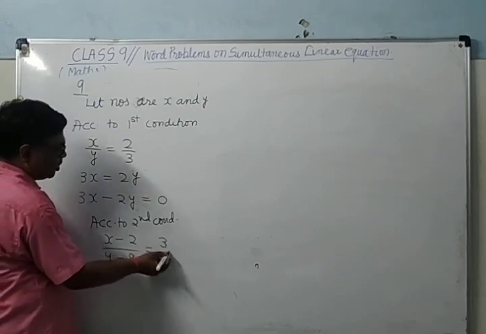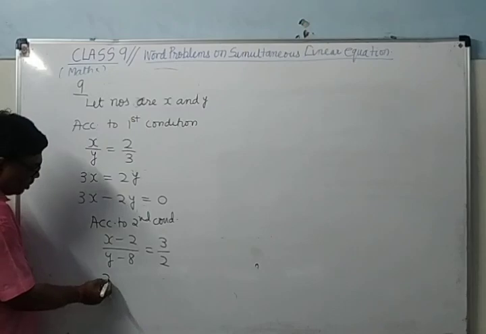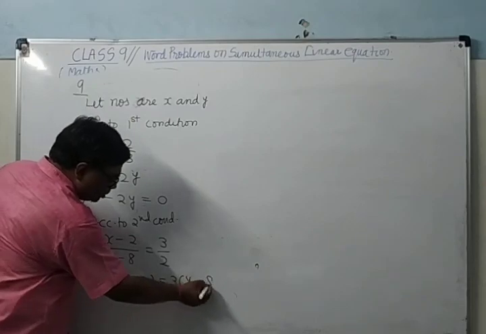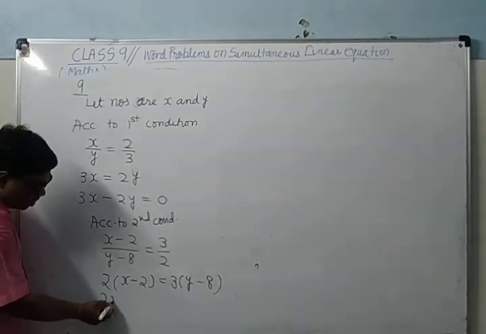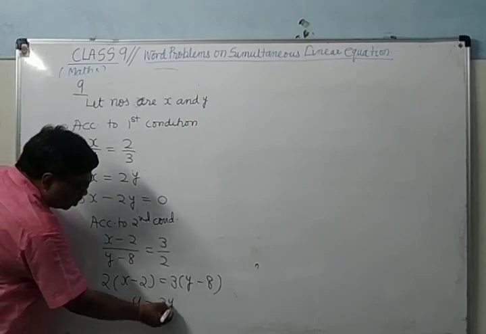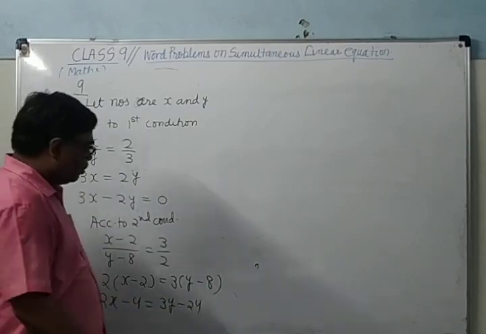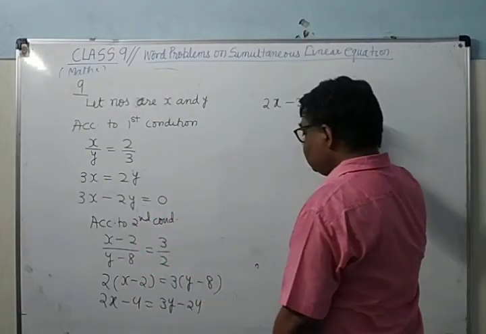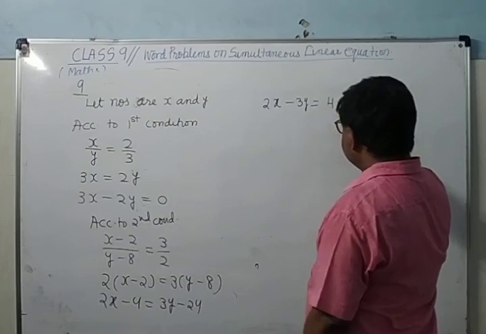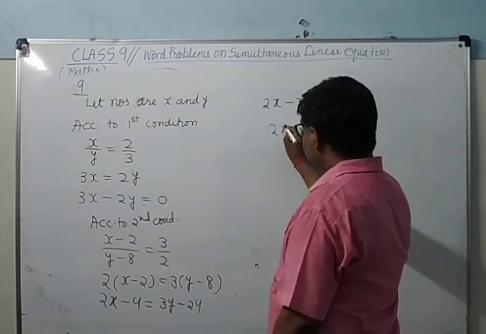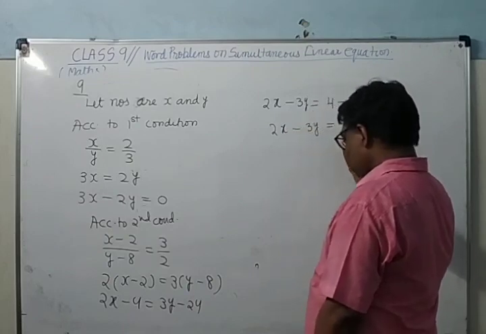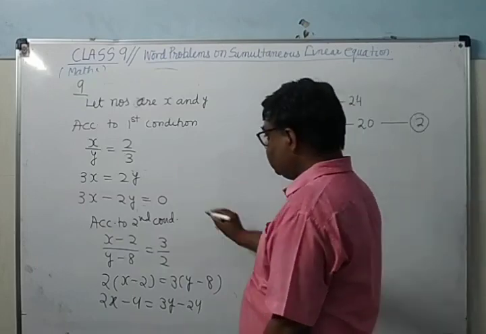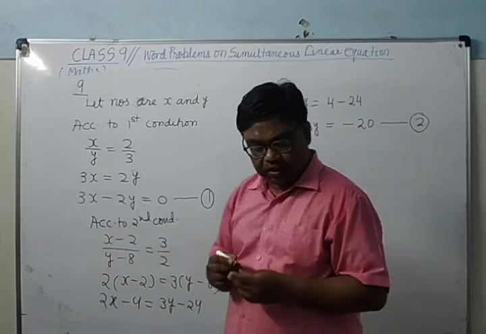So the ratio will become 3/2. Cross multiply: 2 times (x minus 2) equals 3 times (y minus 8). On simplifying, 2x minus 4 equals 3y minus 24. So when you take it to this side, 2x minus 3y equals 4 minus 24. So 2x minus 3y equals minus 20. This is the second equation. This is the first. You can solve, you will get the numbers.